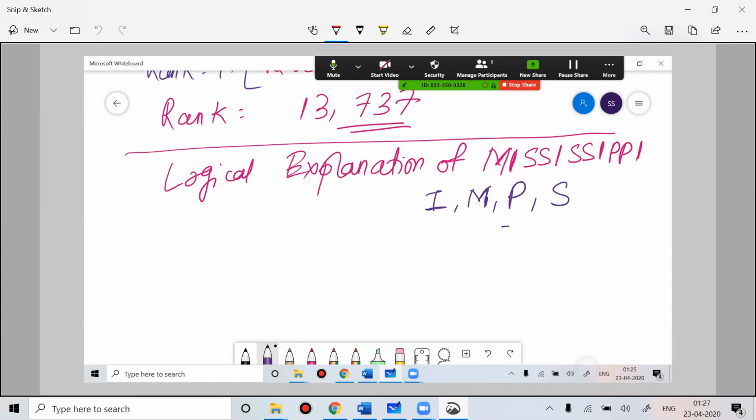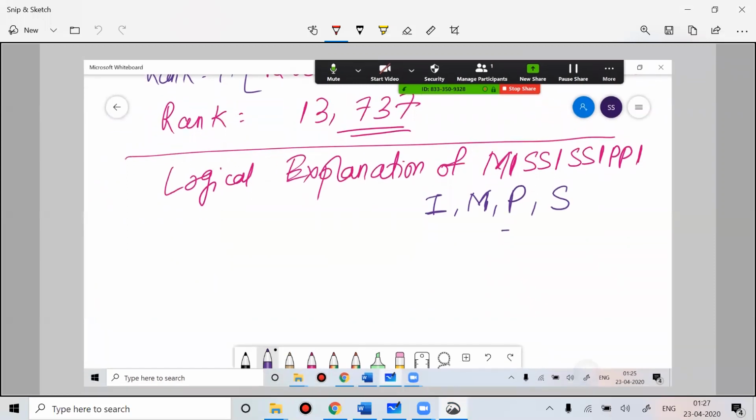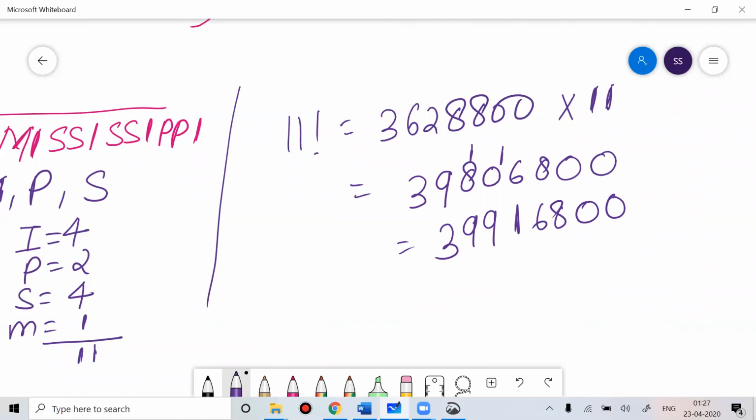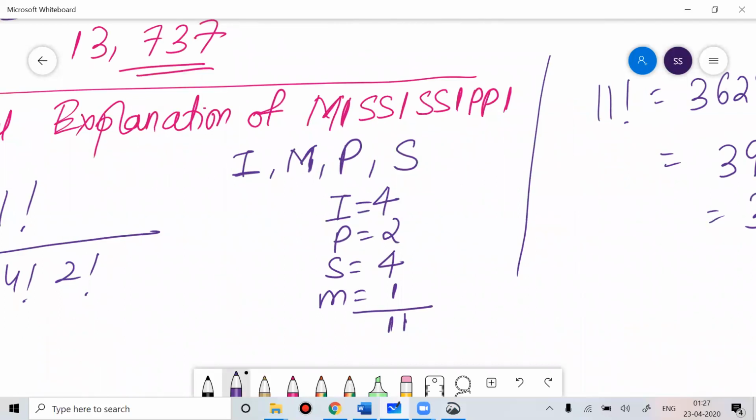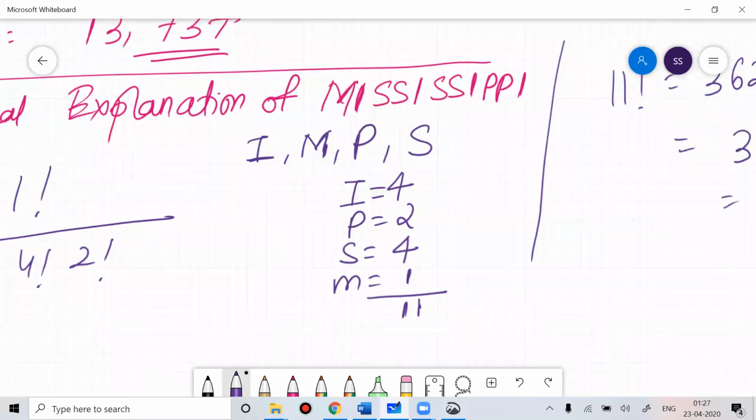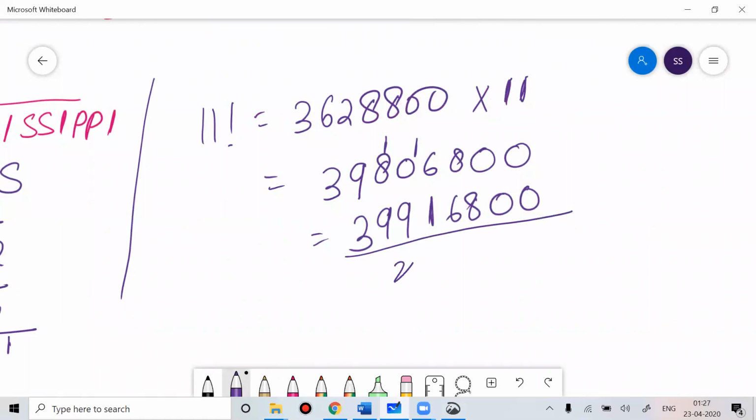So you can check with a calculator whether this is correct or not. Let me just confirm with the calculator. So 11 factorial is 39916800. If you divide this by 24, 24 and 2, you'll get the total number of words you want.